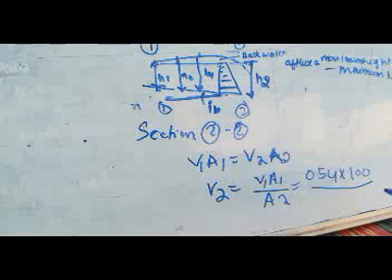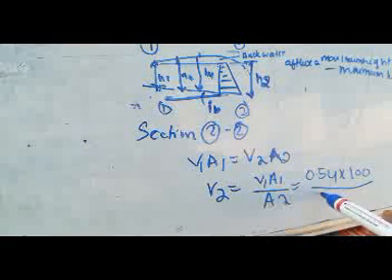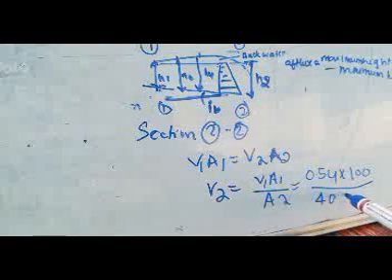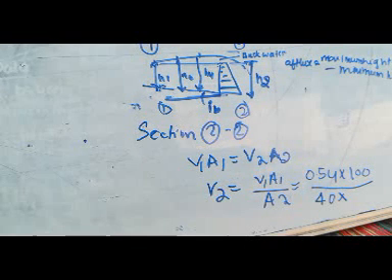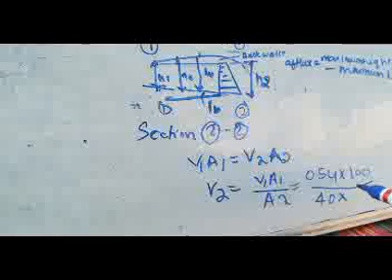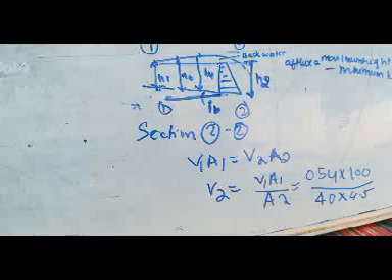A2 is equal to the B value, that is 40, into the H2 value. H1 is 2.5 and H2 is 4.5, which we calculated, so that is the reason it will change.